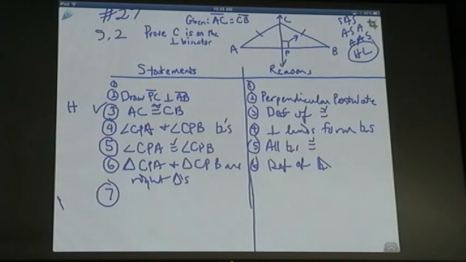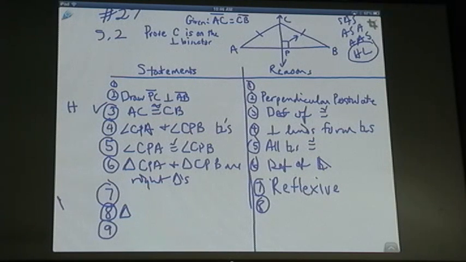Using the reflexive property, you should be able to say that. Then what can you say about the two triangles? And why would you say that? That would be the other thing.